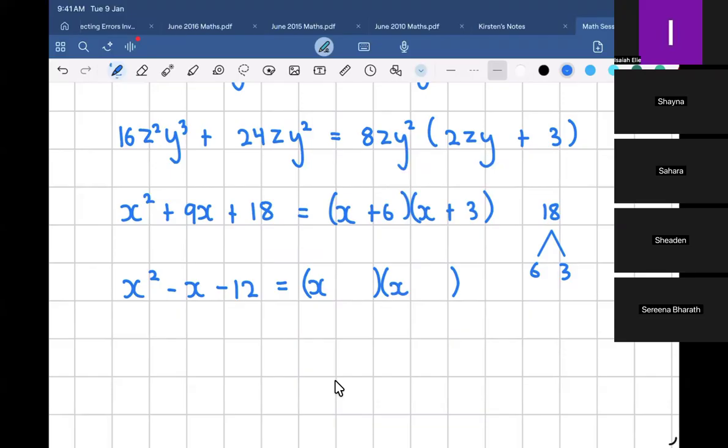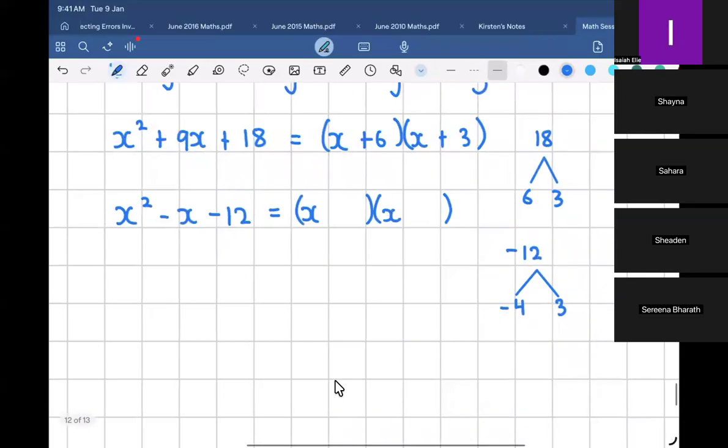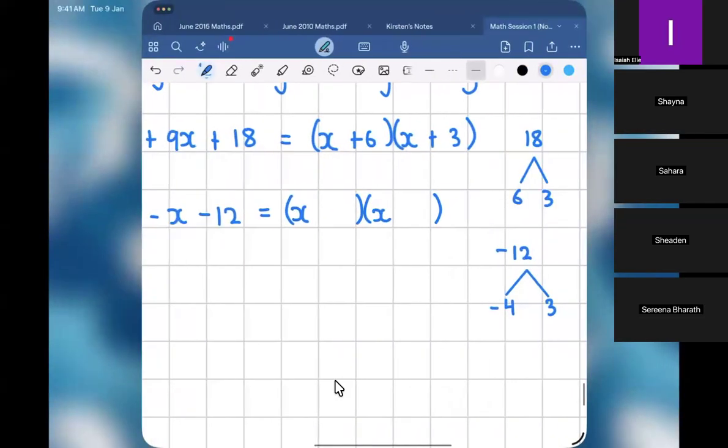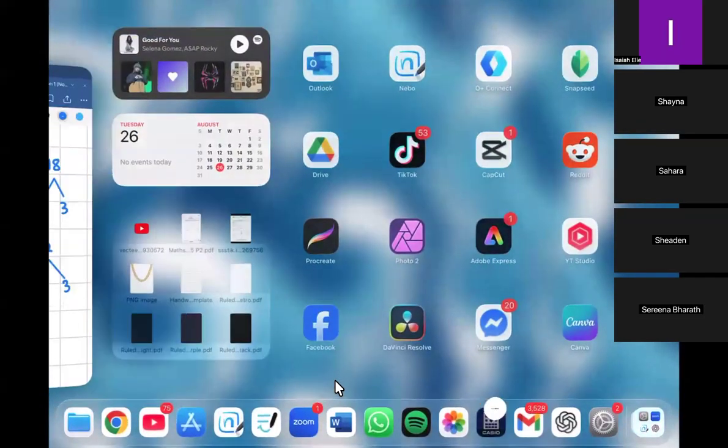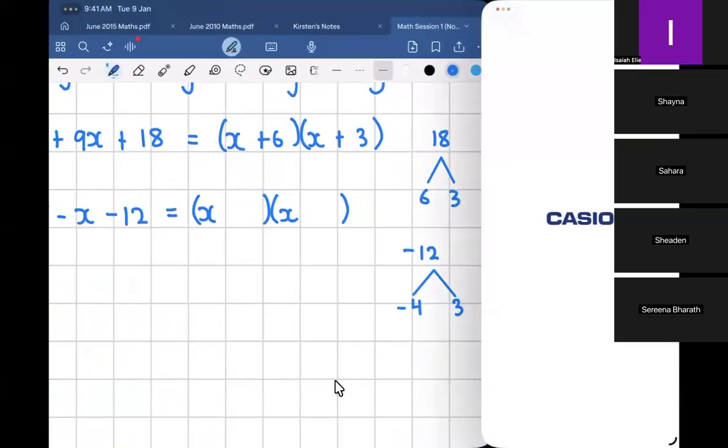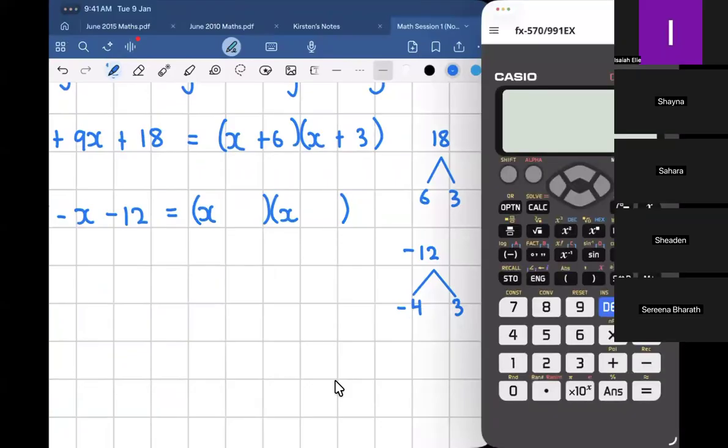Let me look at the last term now, minus 12. How could I multiply to get minus 12, but add to get minus 1 in the middle? Minus 4 and 3. Exactly. If I add minus 4 and 3, wouldn't I get -1? And we could verify that. Yes, you're doing very good.